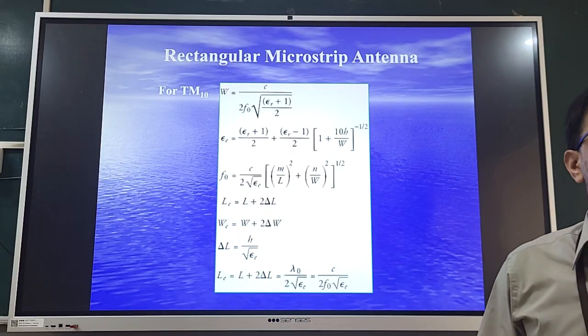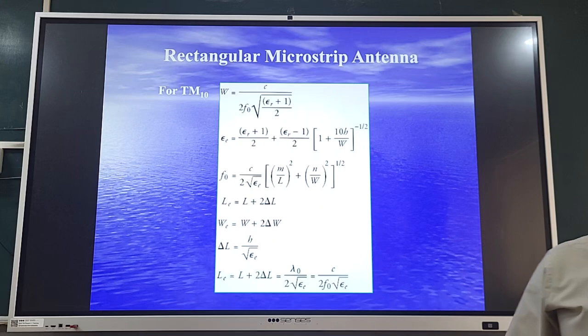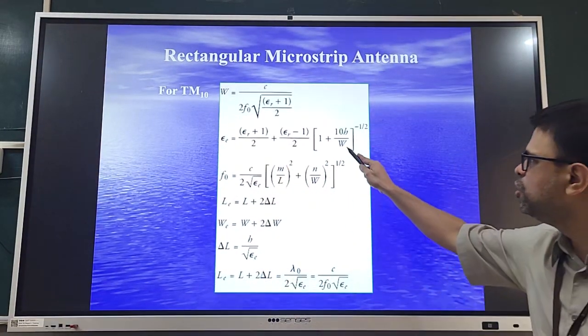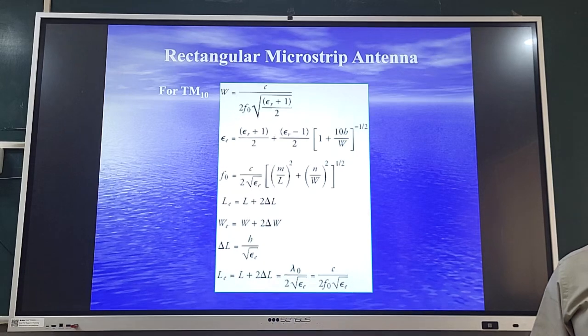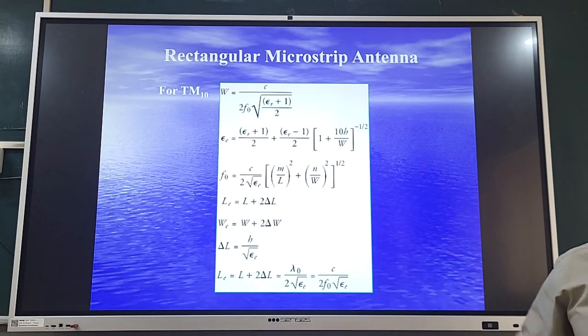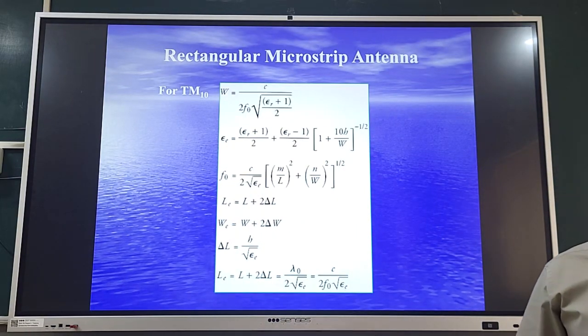Then L nu you will calculate as 1.2 times W. Using that, calculate epsilon nu by using nu L. Only the interchange of W and L will take place to use this procedure to calculate the RMSA dimensions operating at the 0-1 mode for the given frequency.